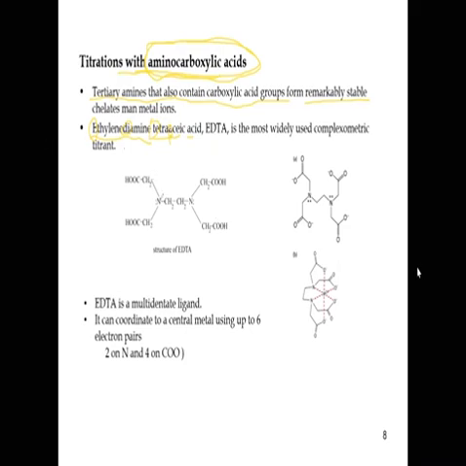This is the ethylene diamine backbone, and to that there are four acetic acid groups: 1, 2, 3, 4. Tetraacetic acid. Ethylene diamine tetraacetic acid.